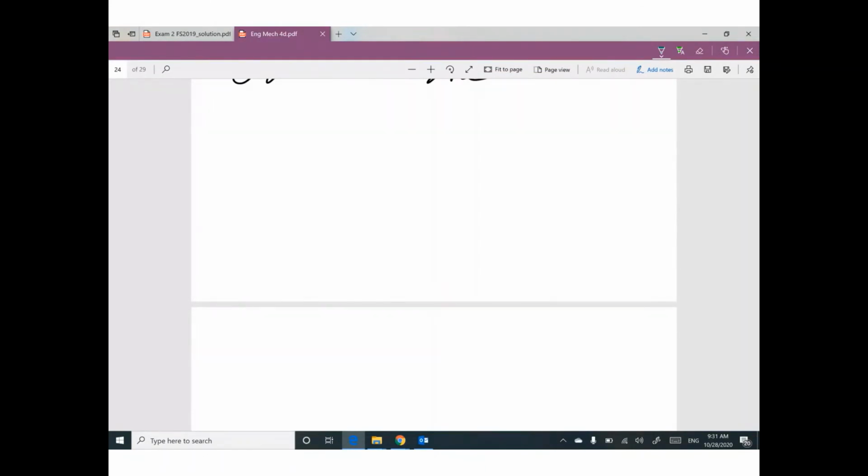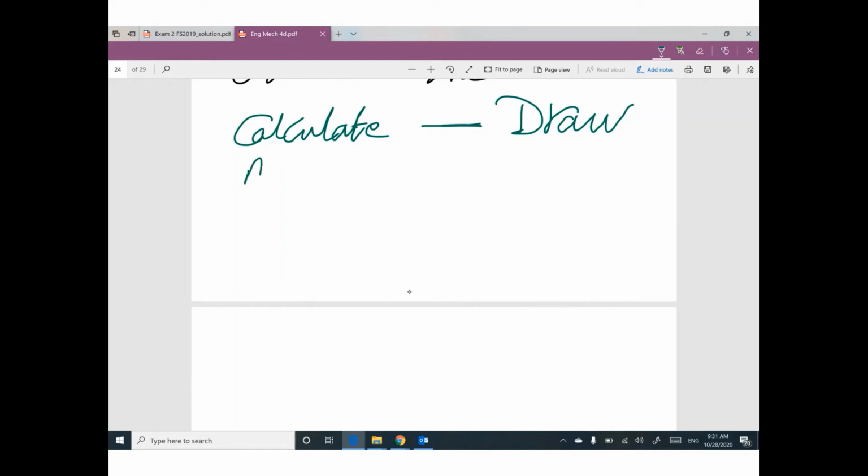I'm not sure why. Guys, there is a big difference between calculate and draw. Calculate axial force, shear force, bending moment.